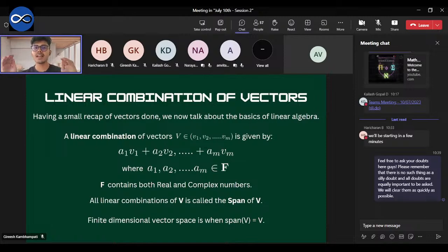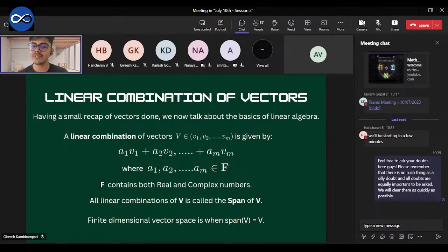I consider this as a set of m vectors. They may be unique, they may not be unique, we don't know. But these are some set of vectors, and a linear combination of vectors is a constant multiplied by a given vector, and then we take the summation of these vectors. So that is a linear combination of vectors.